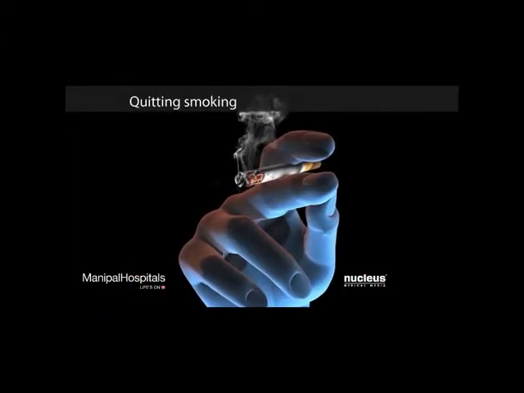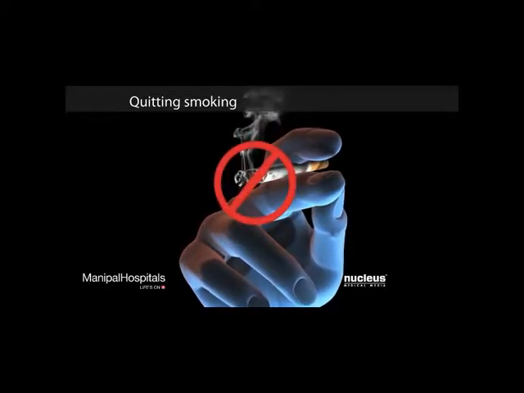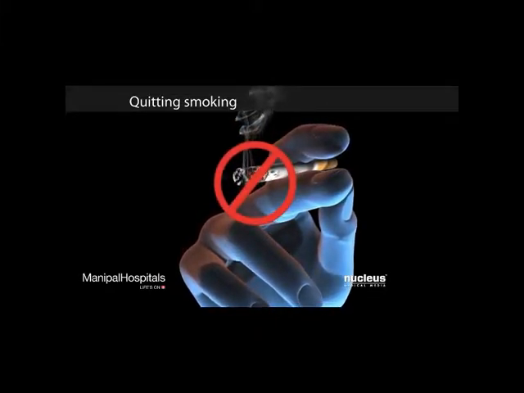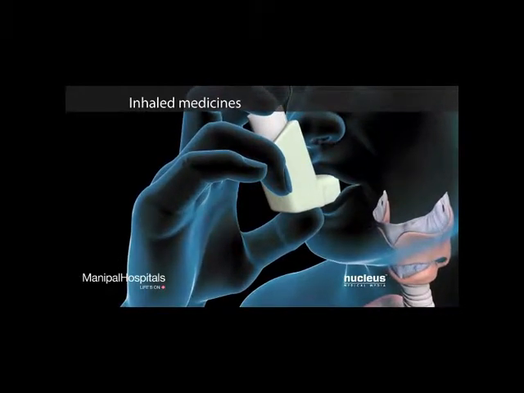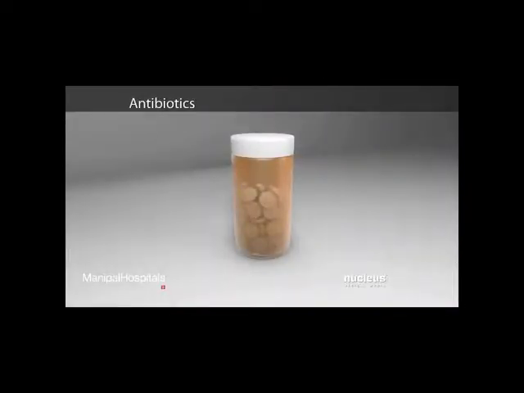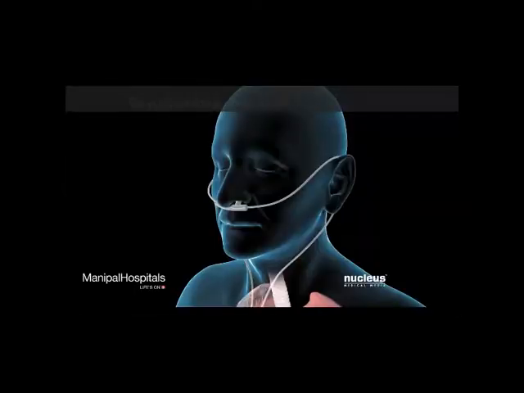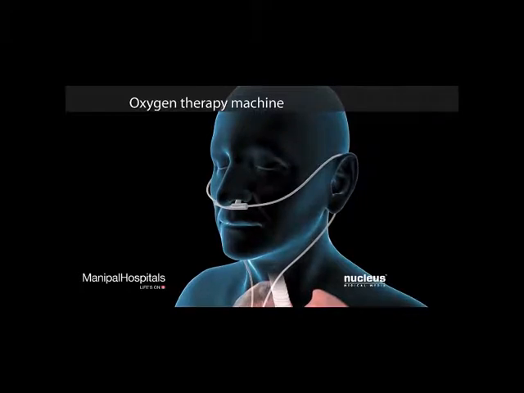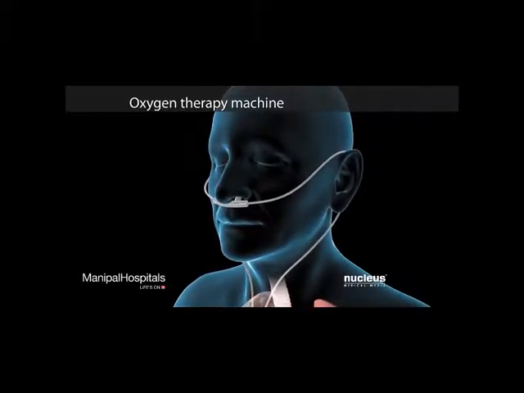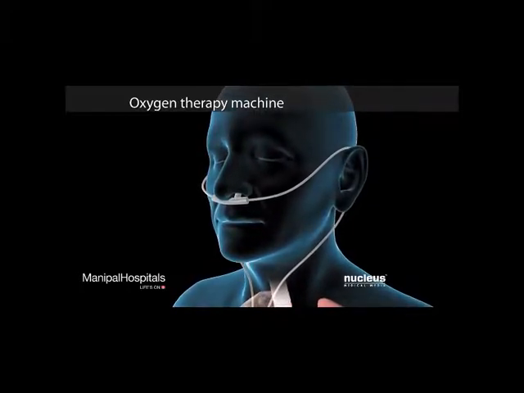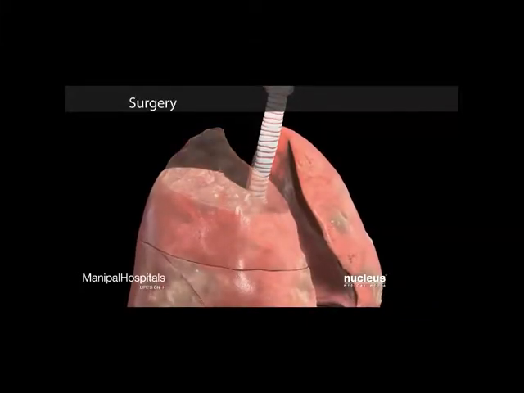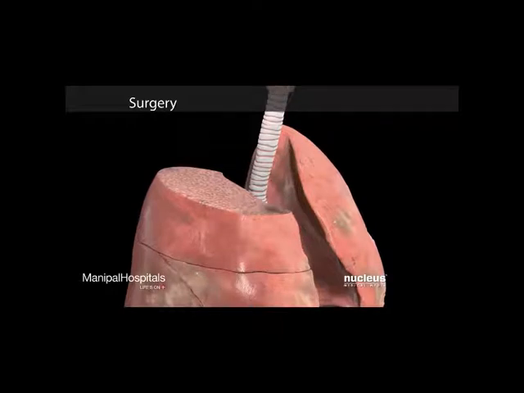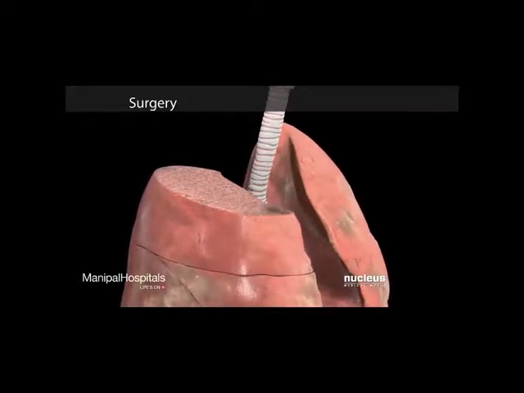The most common treatments are quitting smoking, use of inhaled medicines to open your airways and reduce swelling, antibiotics for bronchitis caused by bacterial infection, oxygen therapy for those with advanced COPD and severely low levels of oxygen in their blood, and surgery, such as a bulectomy or lung volume reduction surgery to remove non-functioning air sacs.